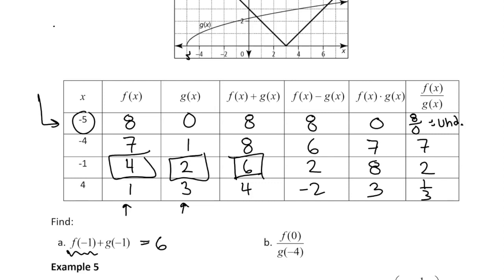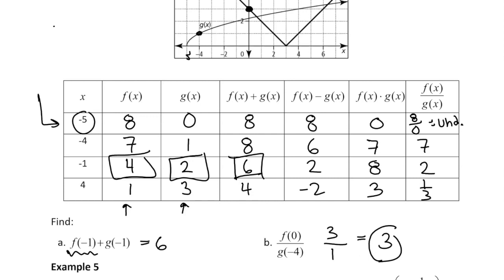F of 0, well, if we want to look at our f of 0 function, that would be right here, and that produced a value of 3, and g of -4 produced a value of 1, so you get something that would just say 3 right there.